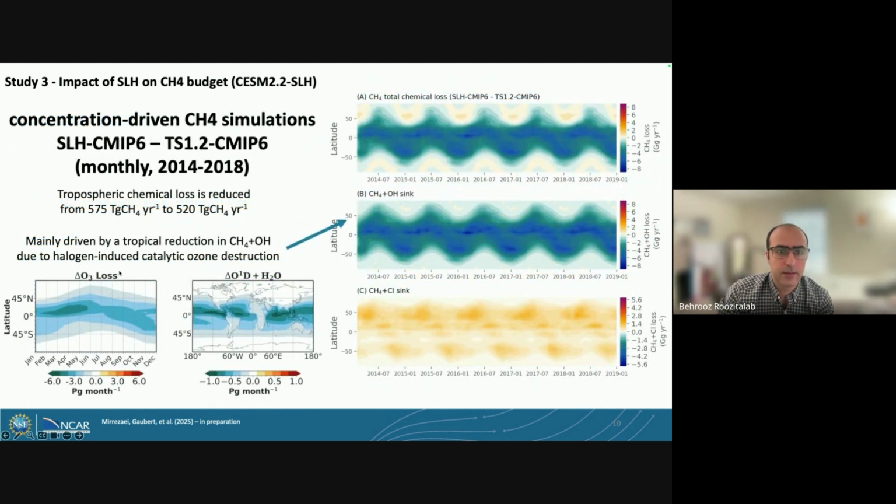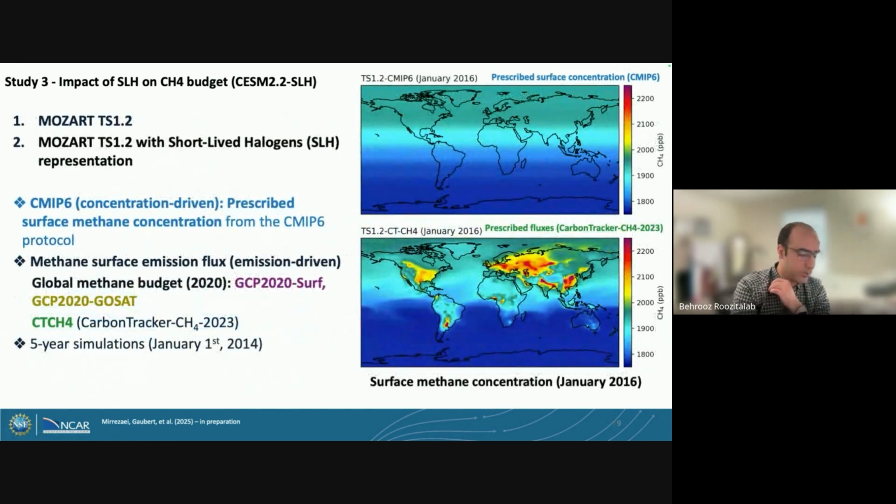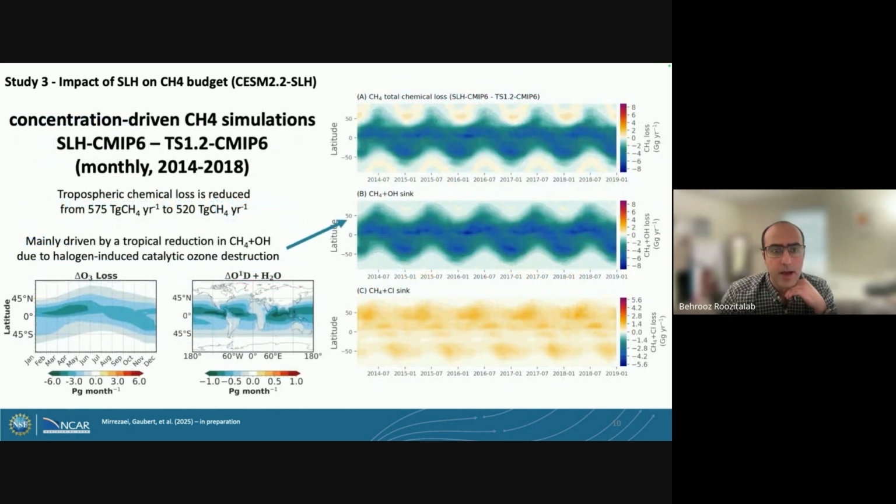So this is one of the main figures that shows that with inclusion of the short-lived halogens, we reduce the ozone in the atmosphere, and as a result, the ozone loss is also decreasing, which means we have less OH production.